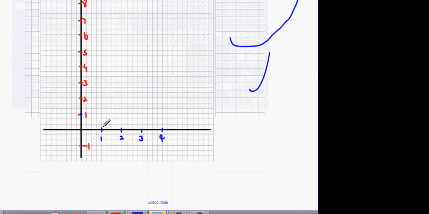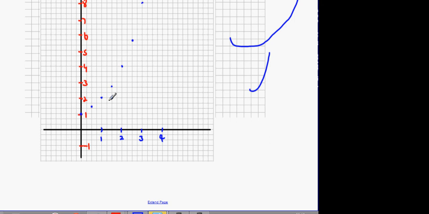Halfway through, around here. 1, 2. Then 1.5, 2.83. Around here. 2, 4. 2.5 is 5.7. 3 is 8.